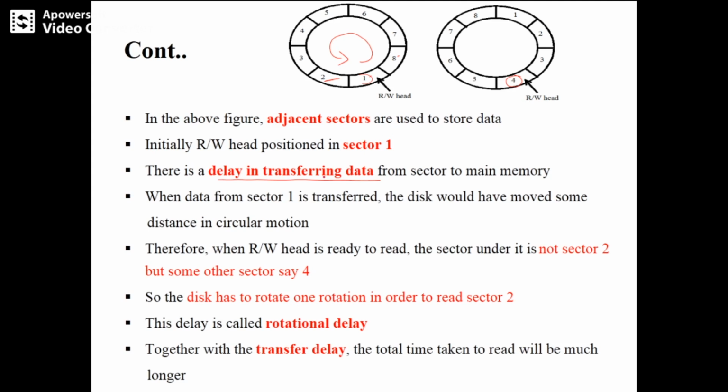That delay we call the transfer delay. Transfer delay is the delay that occurs whenever the read-write head reads data from the sector and transfers it into main memory, while the disk has rotated somewhere else.